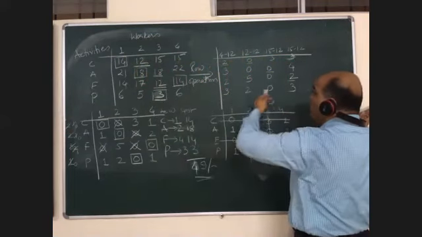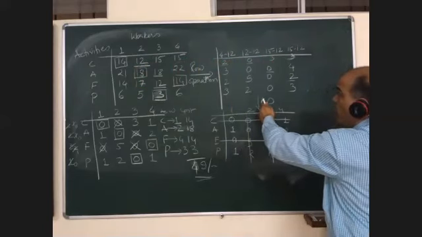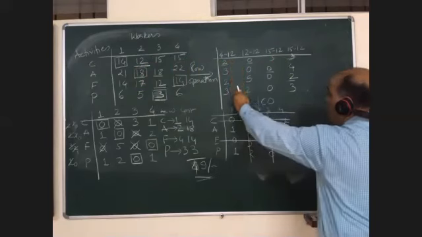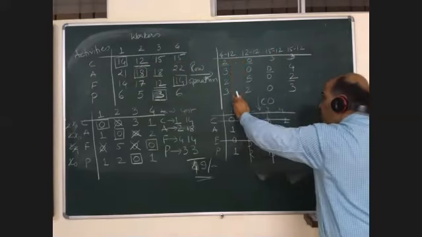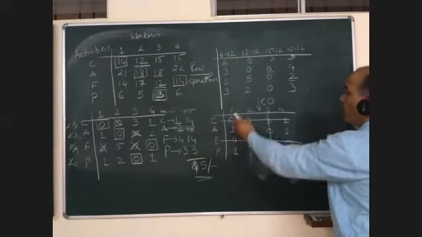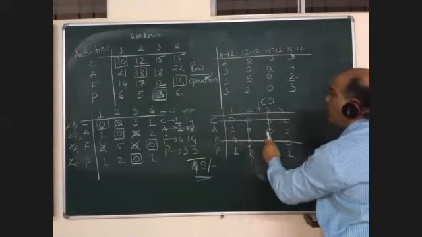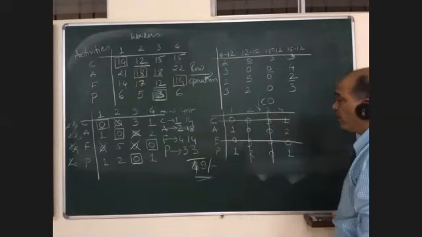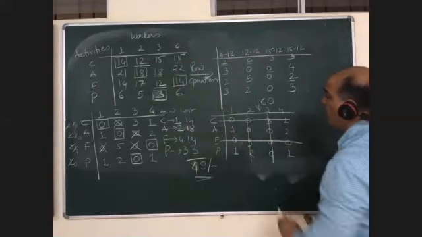We got this new matrix. Then we started with third step, that is column operations. We choose minimum from each column and subtracted that minimum number from all the elements of the same column. We got this matrix. We try to cover all the zeros with minimum number of lines.